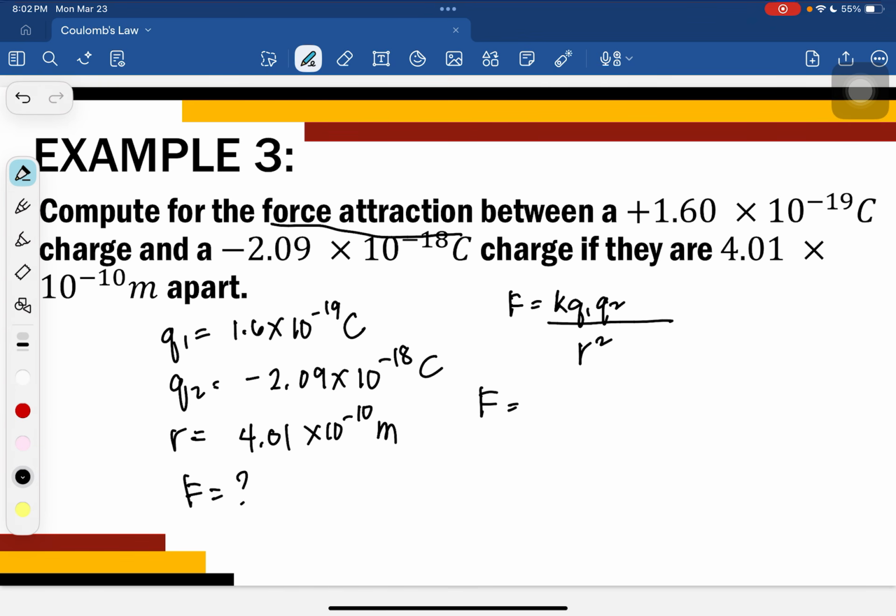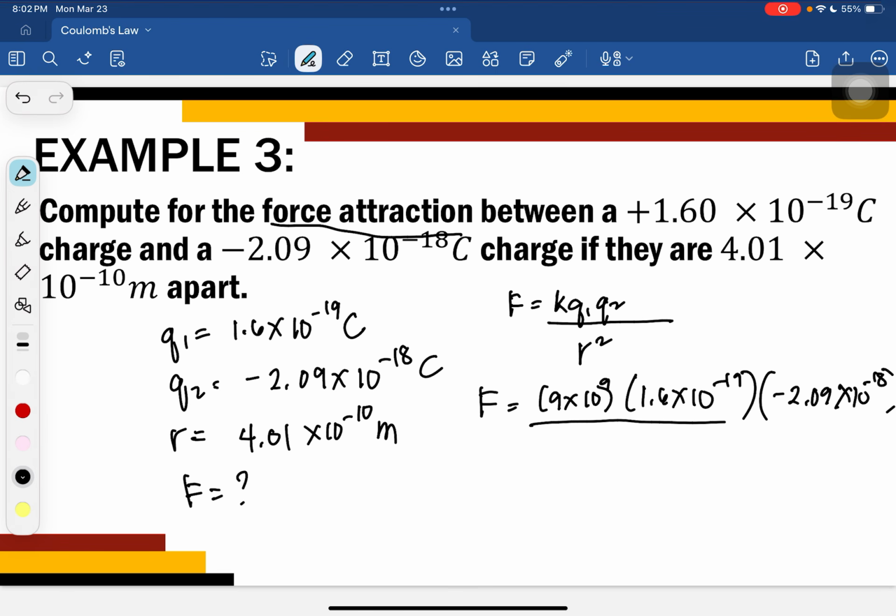So my F now is equal to 9 times 10 to the 9, times 1.6 times 10 to the negative 19, and then negative 2.09 times 10 to the negative 18, all over 4.01 times 10 to the negative 10 squared. And my solved value for F is 18.72 times 10 to the negative 9 newton.